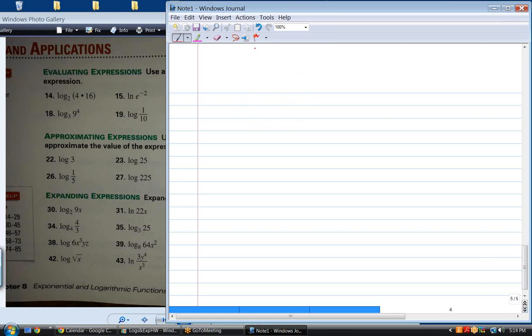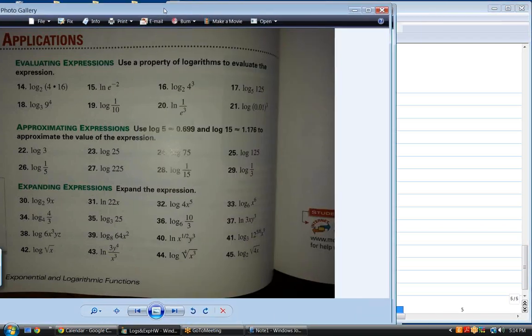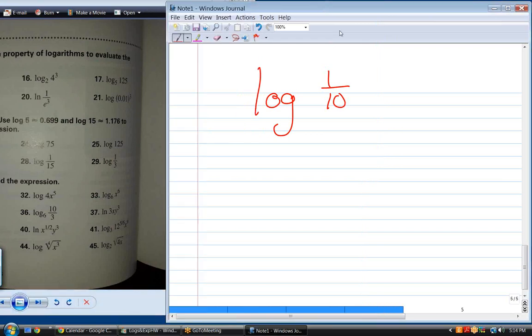And now they get a little trickier. Log of 1/10. Would that be -1? Good. Natural log of 1 over e cubed.